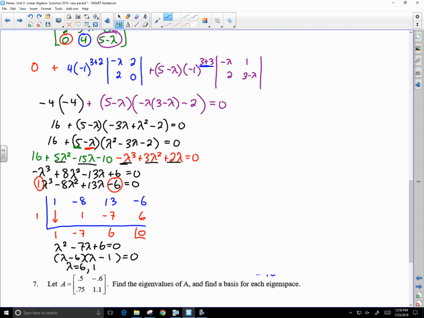So I tend to put the mult2, the multiplicity of 2, to remind me that I'm going to need to have 2 vectors in my, well, in this case it won't matter, but if I were doing a diagonal matrix, I would need to have 2 vectors for the eigenvalue of 1. Right, so that's an important thing.